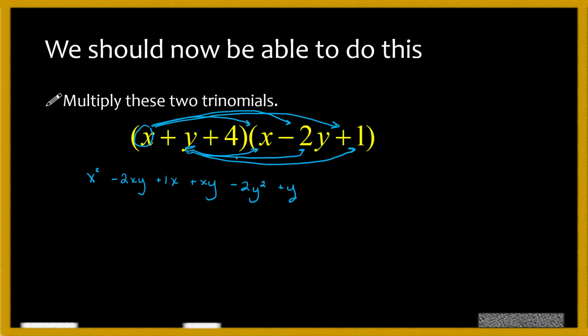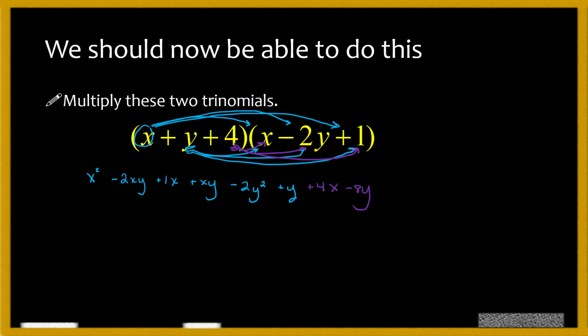Now I'm going to do the last term. I've switched colors to make it a little easier to see. So here's the 4. I'm going to multiply the 4 times the x, the minus 2y, and the 1. So 4 times x, that's a positive 4x. 4 times minus 2y, that's a minus 8y.